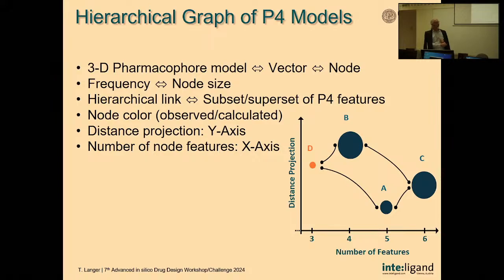And now we can really build a complete tree out of this. The more we go to the left, to the 0, the more we have the pharmacophore with the common ancestor feature. We can really count, it is normally 1 feature that all of the other models have. And the more we go to the right, the more specific pharmacophores we will see.